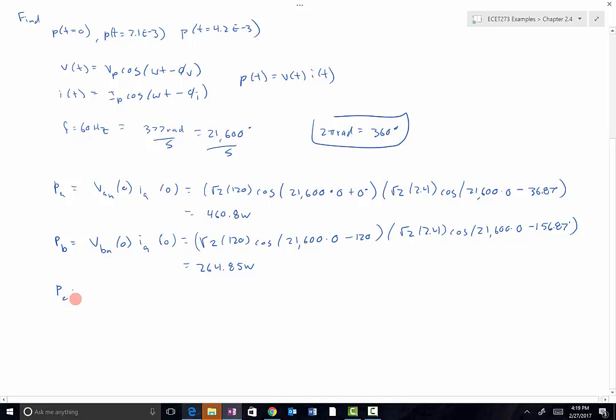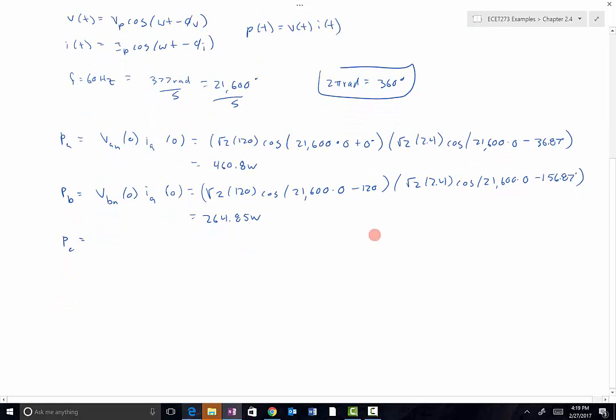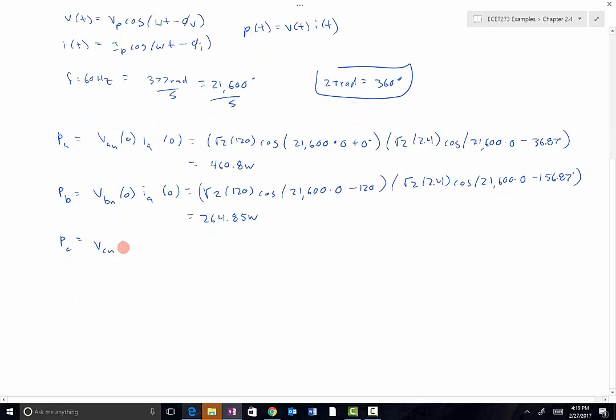And then we need to repeat the calculation on the third phase. VCN of 0 times IC of 0. So it's just the voltage of the Y connected source times the current coming out of the Y connected source. So I think you get the picture here. It's root 2 times 120 times the cosine of 21,600 times 0 seconds. And then this is going to be plus 120 because it's the C phase.